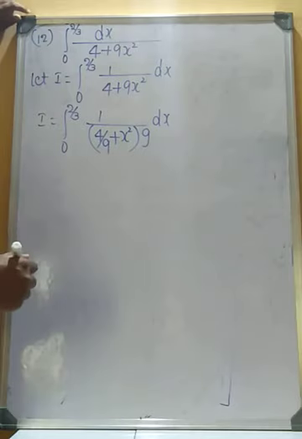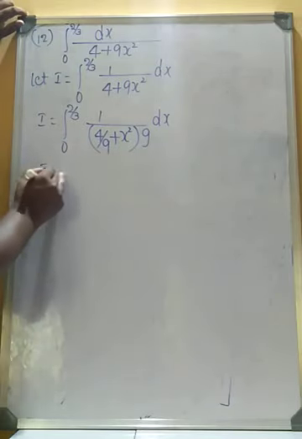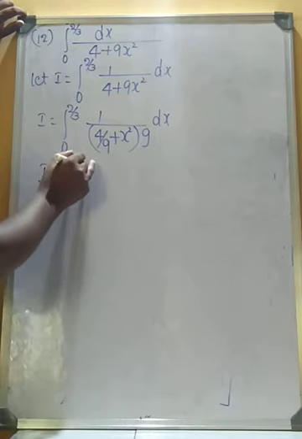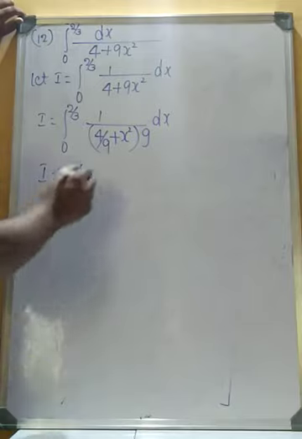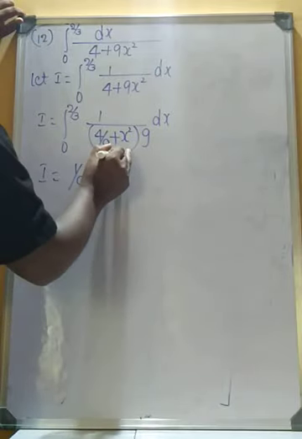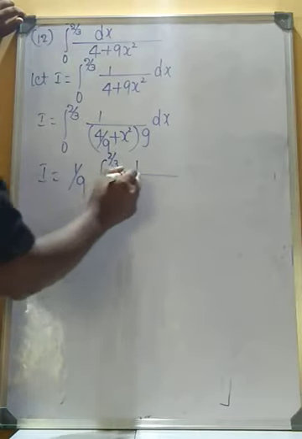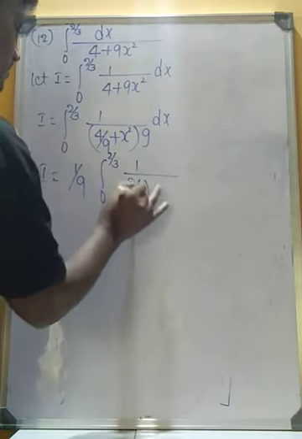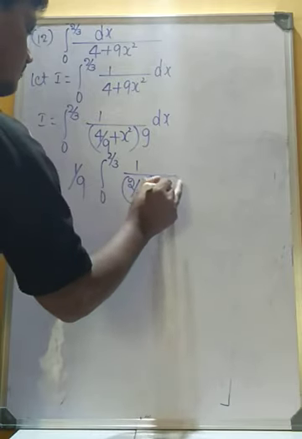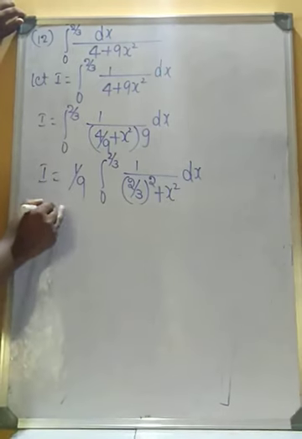So therefore we can write I equals 1 divided by 9, take outside the integral from 0 to 2 by 3 of 1 divided by 4 by 9, which can be written as 2 by 3 whole square, plus x square into dx.